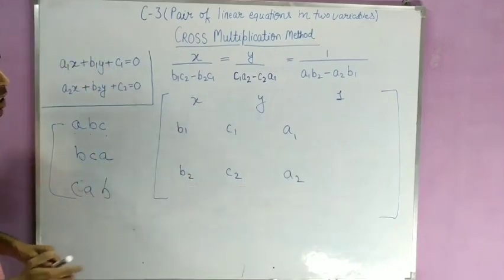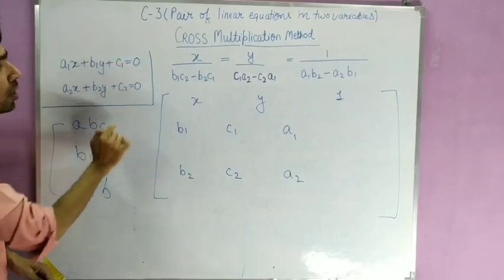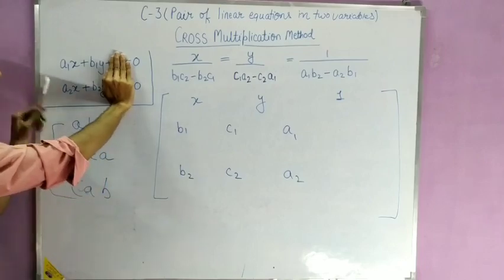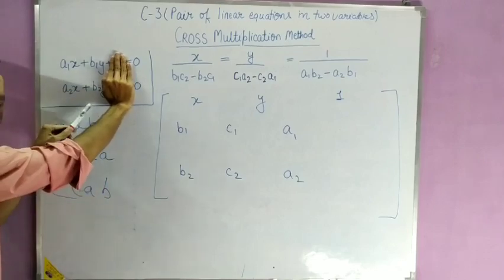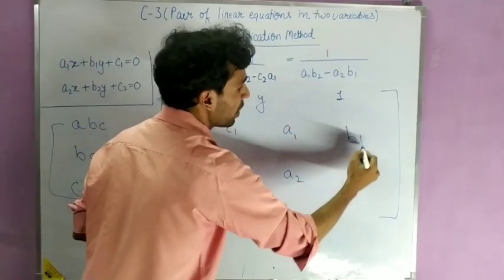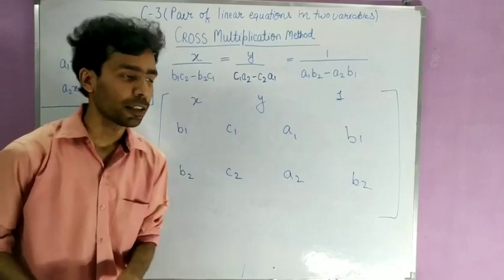Now again, this is the constant part, so you hide that constant part. Because we know now c1, c2 are the constant part. When you hide this, you will get a1, a2 and b1, b2. And because a1, a2 we have already written, we will write b1, b2. Now see how to write.